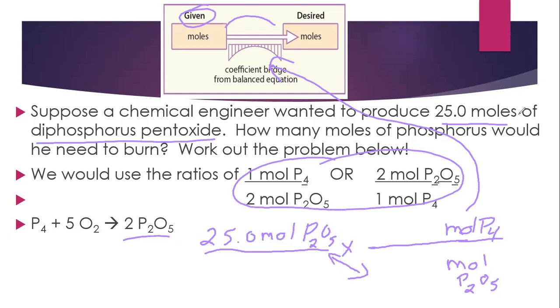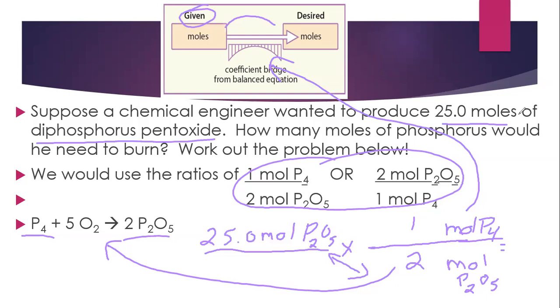And so P4 is 1 mole. Remember, it's 1 mole. And then P2O5 is 2 moles. And we got this information from the reaction equation, okay? And so we're just calculating this now. And the answer is obviously 25 divided by 2.